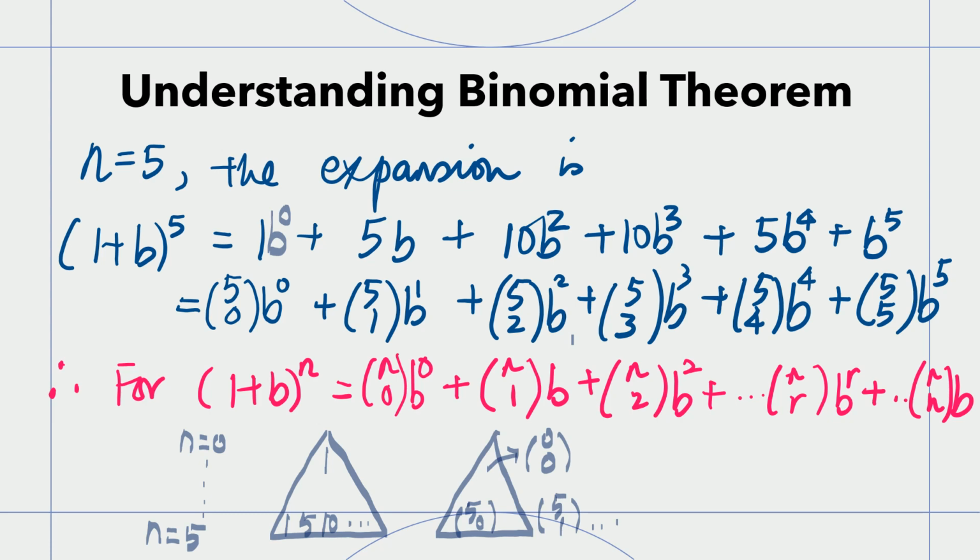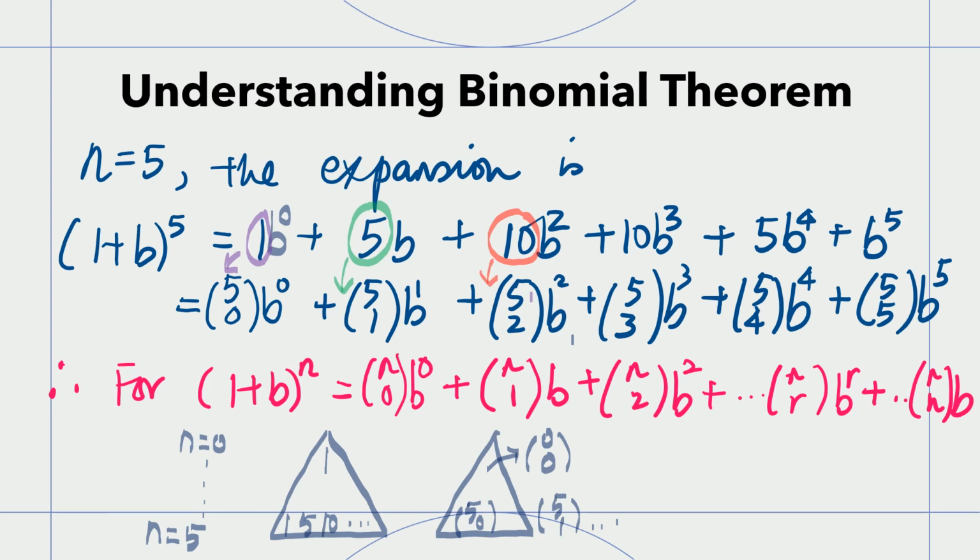Right, so this number 1 here will be substituted with the combinations formula 5, 0. This binomial coefficient here will be substituted with 5, 1, and then 10 will be substituted with 5, 2, so on and so forth.